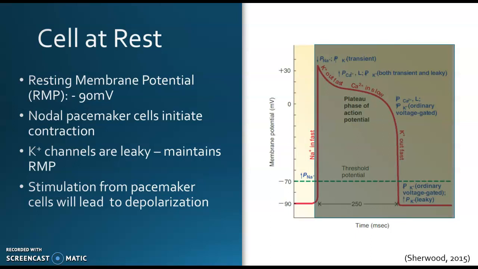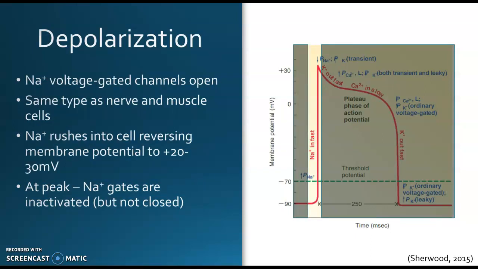And these pacemaker cells are what are actually going to initiate that action potential and ultimately the contraction of those cells. So we have the potassium channels that are leaky, that are on when we are down at that -90 millivolts.